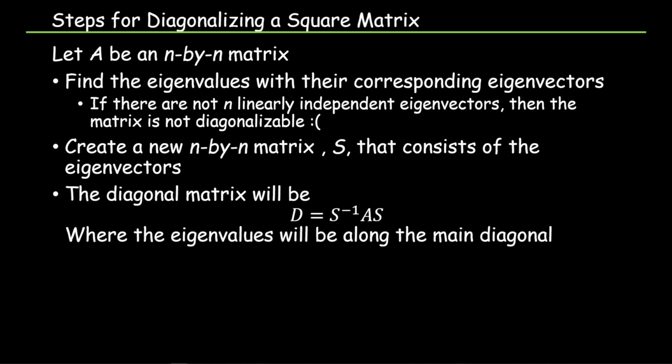All we have to do is find the diagonal matrix, which is the inverse of S multiplied by the matrix A multiplied by S. This gives us a diagonal matrix in which the eigenvalues are along the main diagonal, and that matrix is our diagonalized matrix.